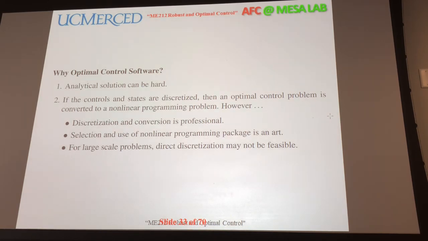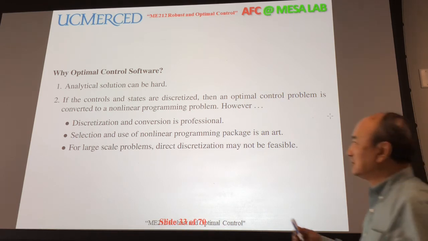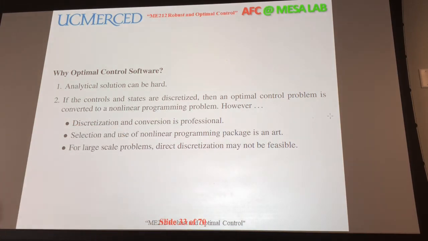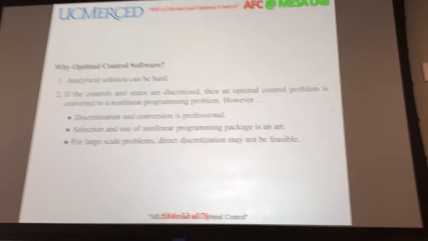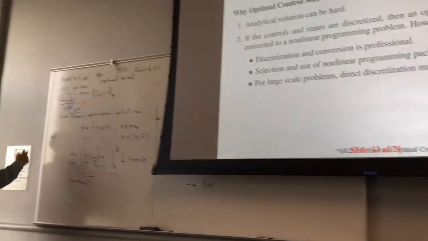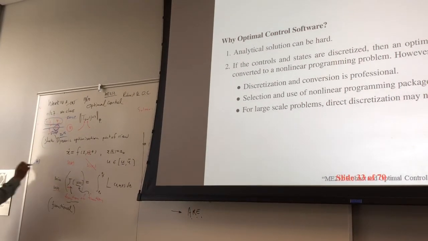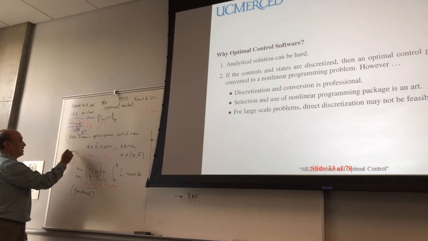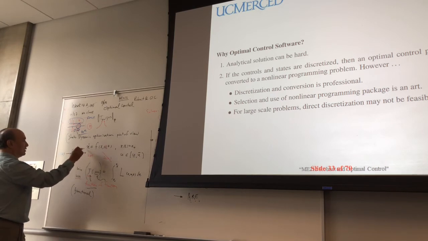Of course, discretization is important. Discretization is basically like you have a u of t. There are infinite points in here. It's a curve. Can we change it to some sort of set of u_k, where k is 1, 2, 3, up to n?